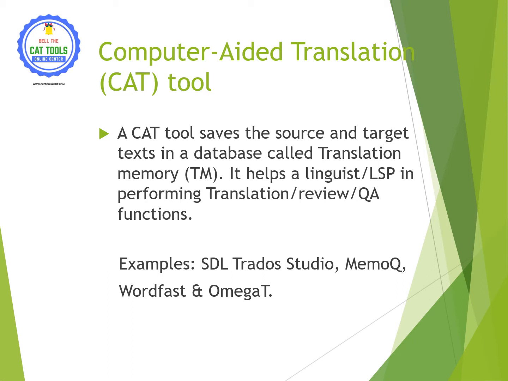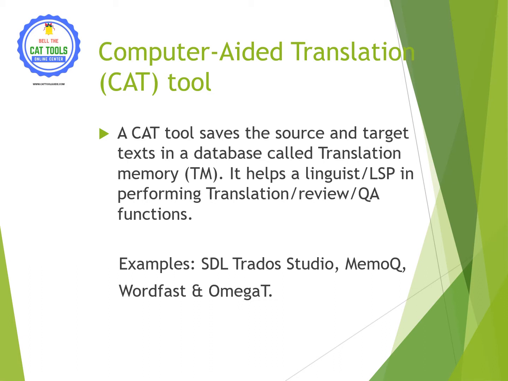Okay, let us see what is a CAT tool. A CAT tool is any software that saves your source and target text in a database called translation memory. In other words, whatever translation you do in different projects is saved in one location, which is called translation memory.